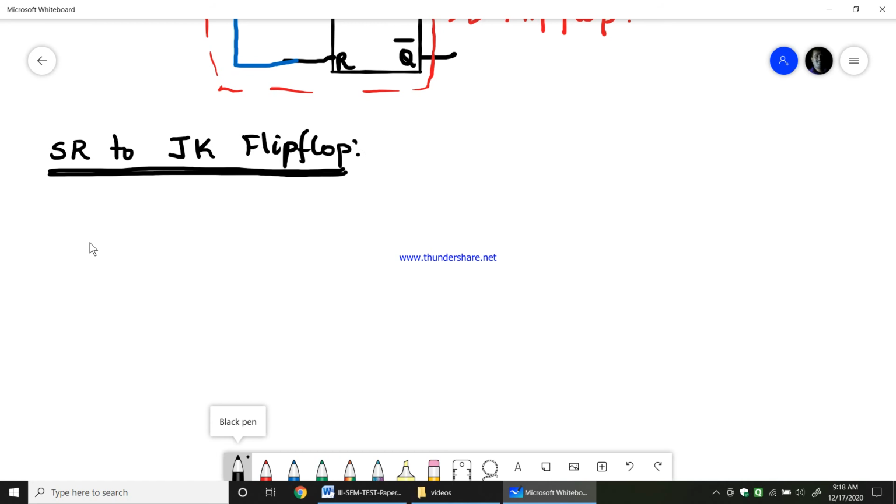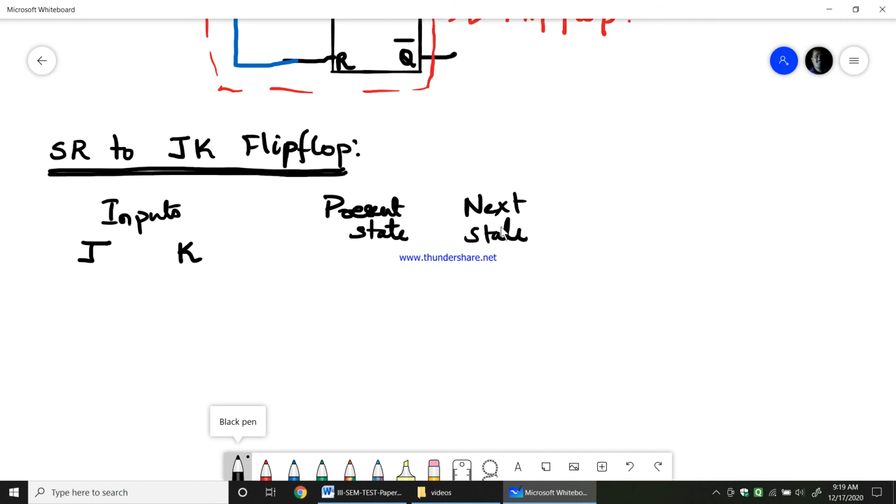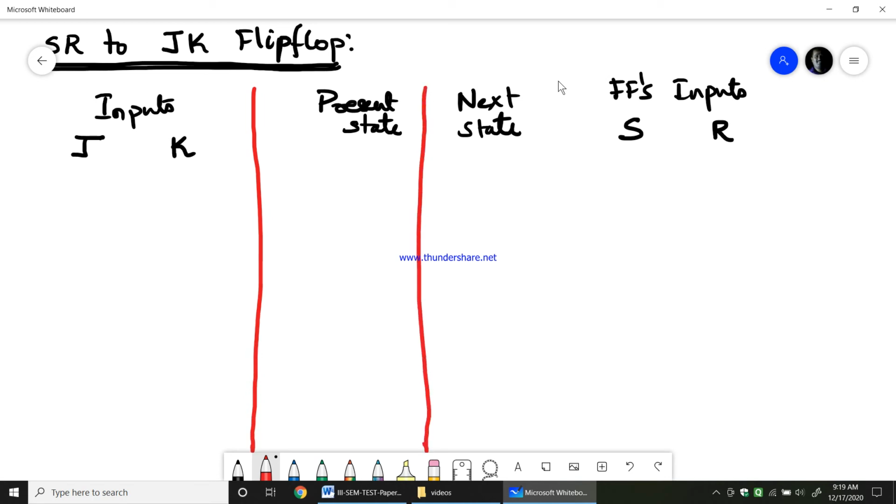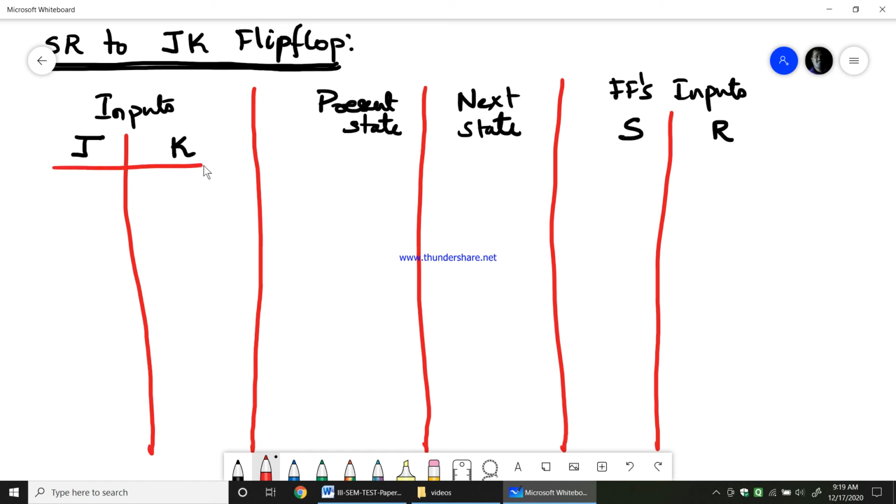So the first thing we do is write the JK inputs, J and K, and then we write present state and next state, and then we write the flip-flop inputs, which is SR flip-flop, S and R. So this is Qn, Qn plus 1.